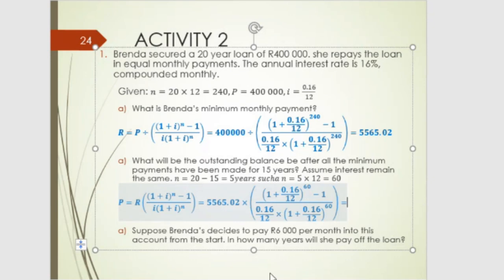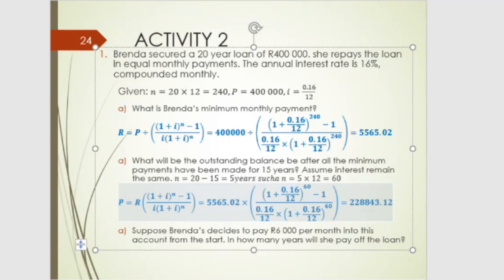On my side, I used the Sharp calculator, and I got 228,843.12. Yeah, it's still a lot.